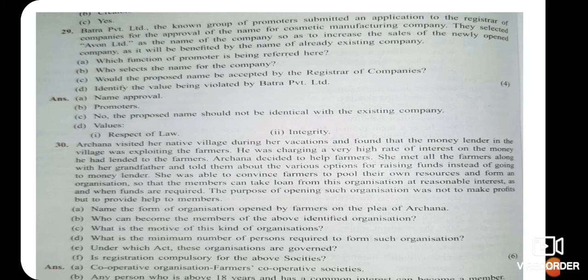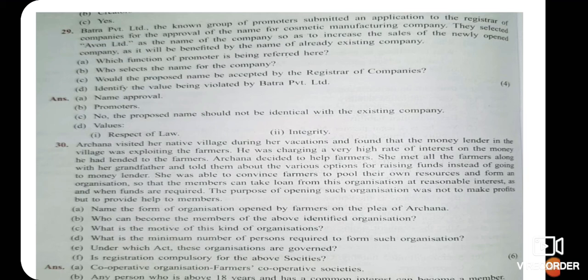So Avon Limited already exists as a company. Do you think that the name will be approved? If it is a name clause, you should remember that companies with the same name cannot exist.